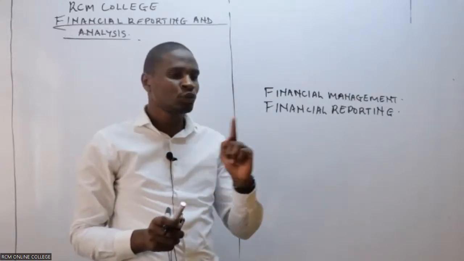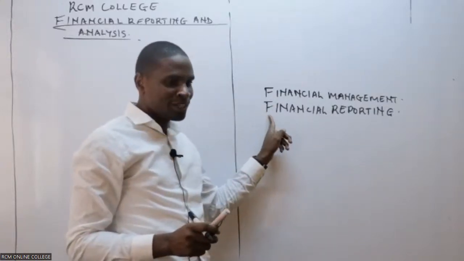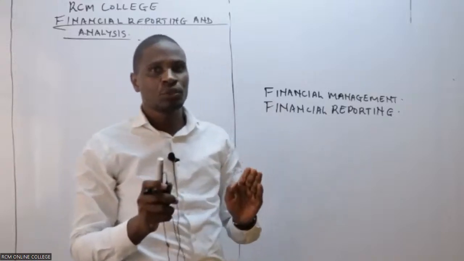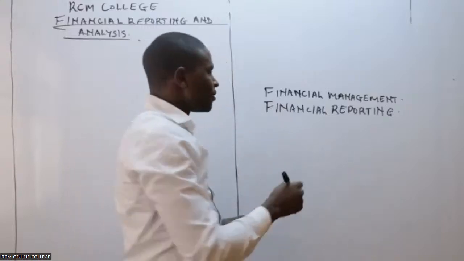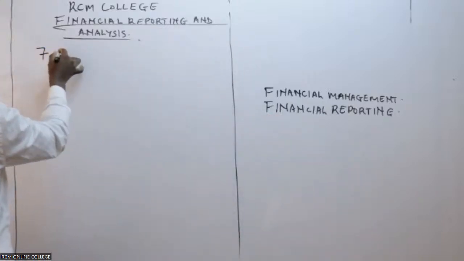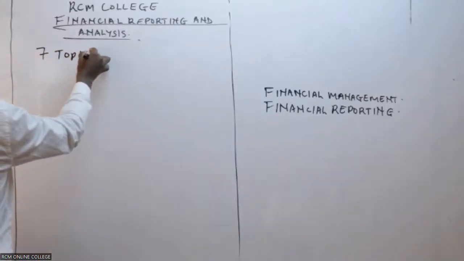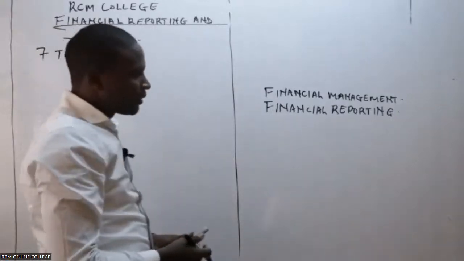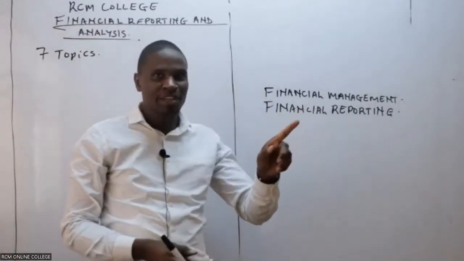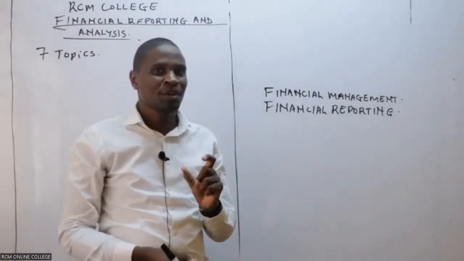But when it comes to our good unit here, financial reporting, it is the easiest for you to pass. Remember, this unit has 7 topics, so it is half of what we have in financial management, which has 14 topics.